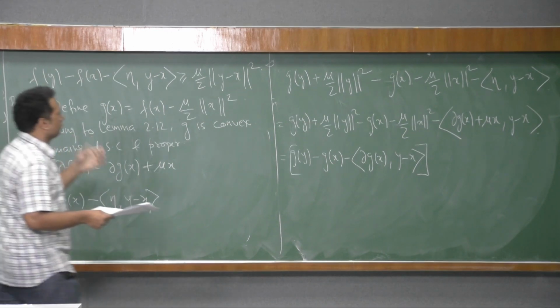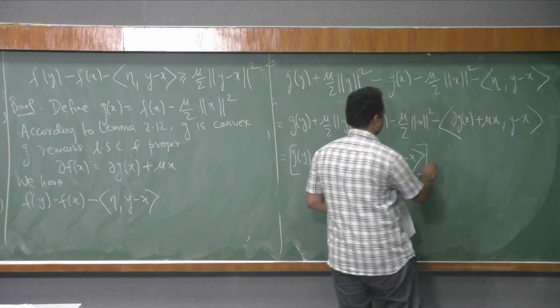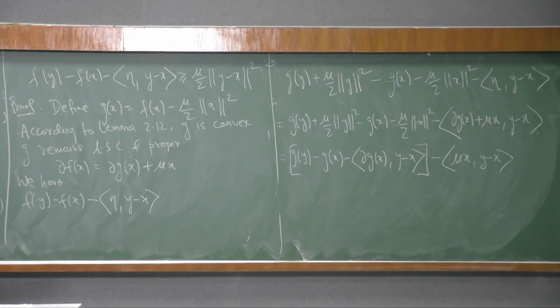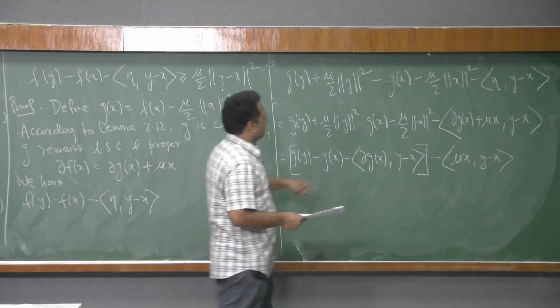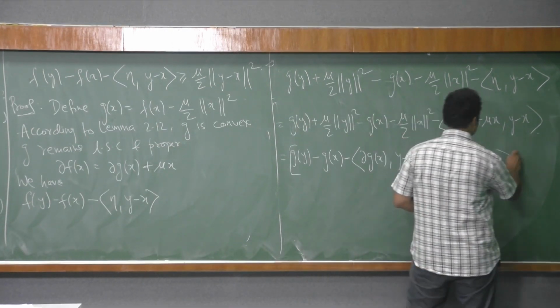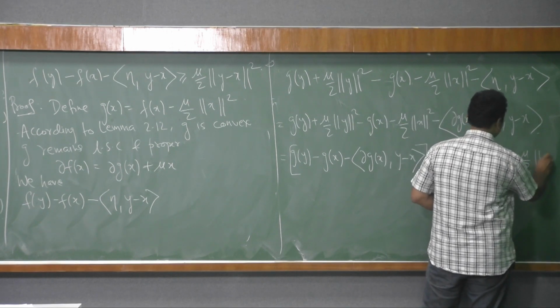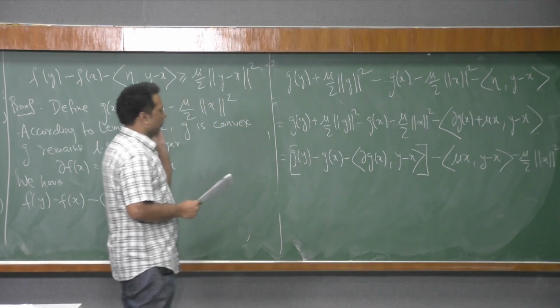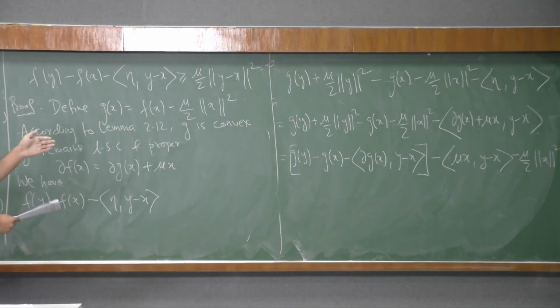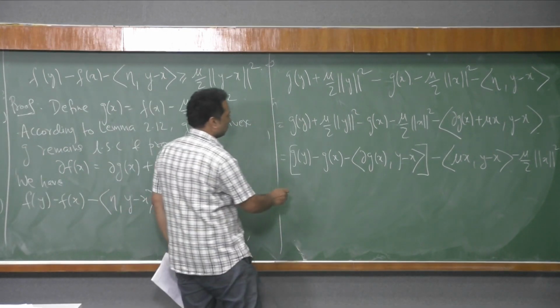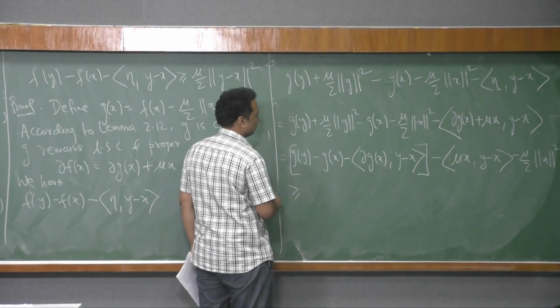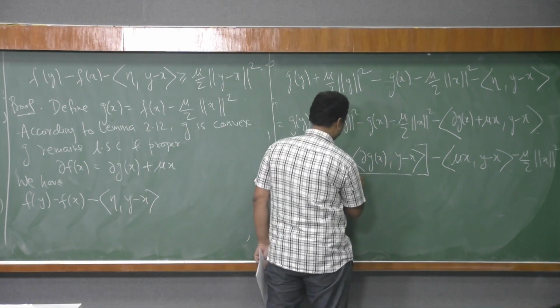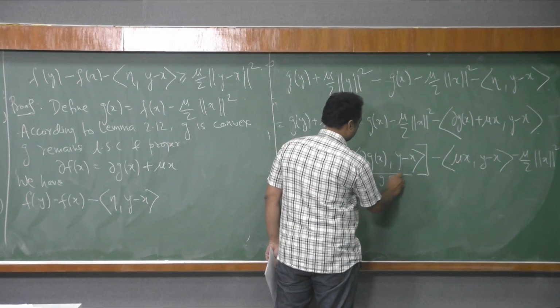So we have to complete the square basically. At least what we have is this greater than or equal to 0, so I will get rid of this, because g is convex.